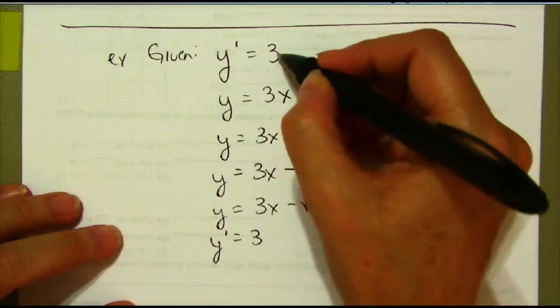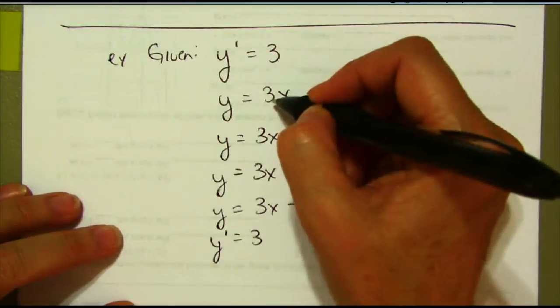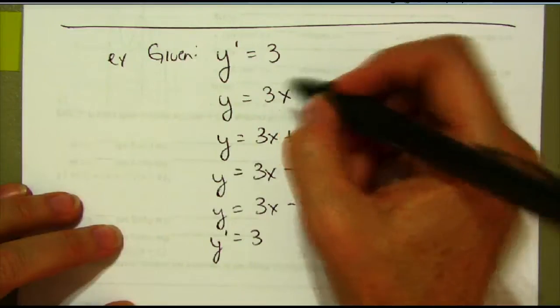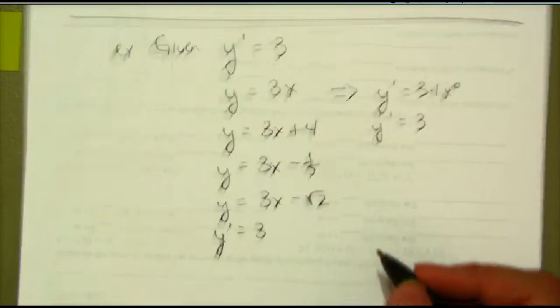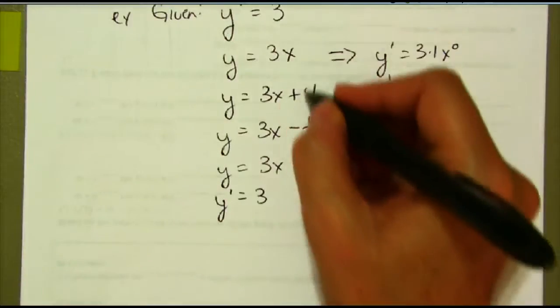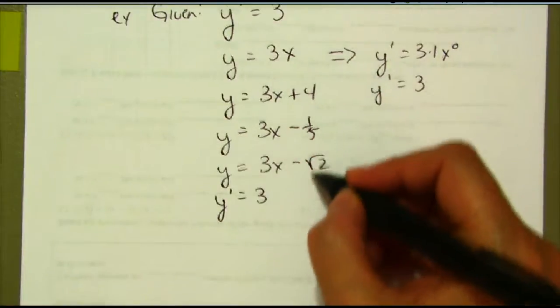This process of going back is going to be called the antiderivative, or taking the indefinite integral. And so when we did this, we found out that I could have all kinds of a constant here.